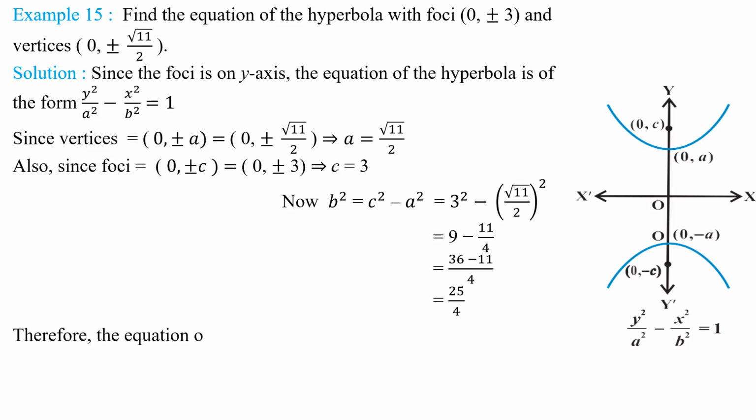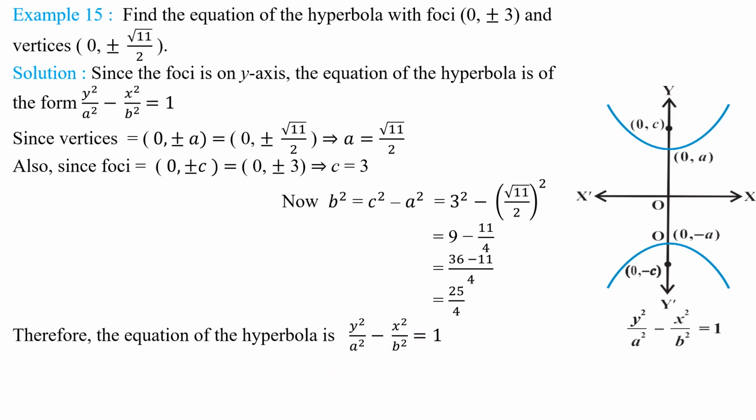Therefore, the equation of the hyperbola is y square by a square minus x square by b square is equal to 1. In this equation of the hyperbola, we substitute the a square value and b square value.